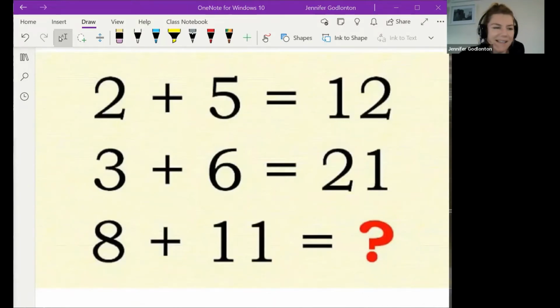This class is good at guesswork. Very good at guesswork. It's definitely not 19. It's not 91. Well, is it 91? It's not 19.